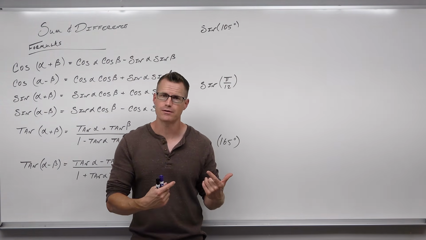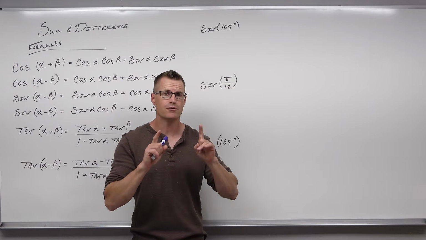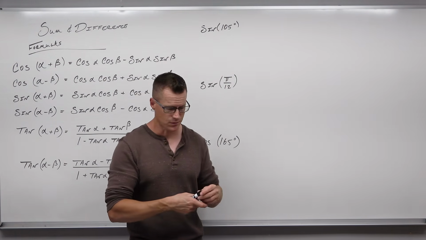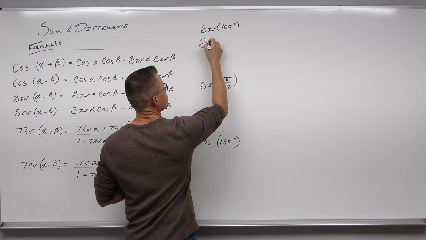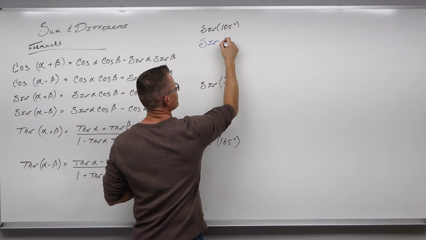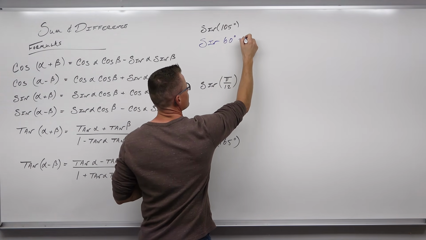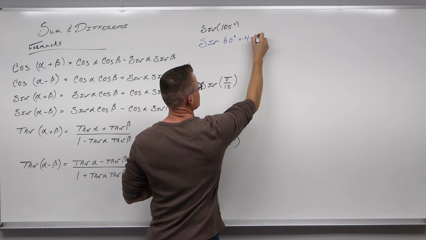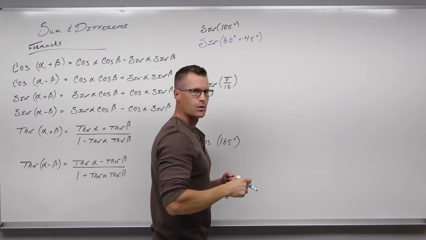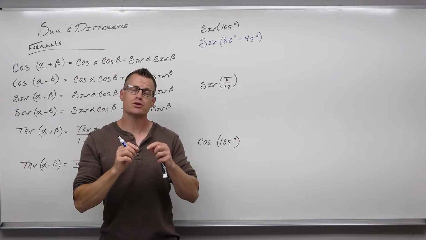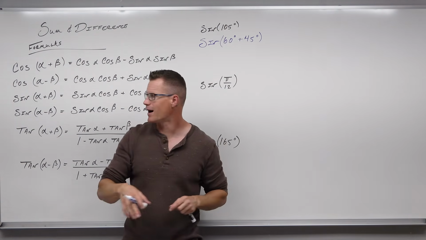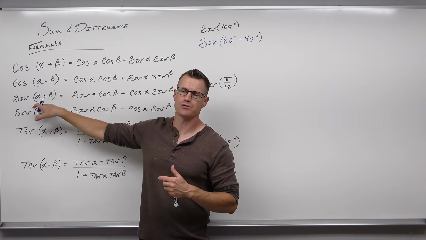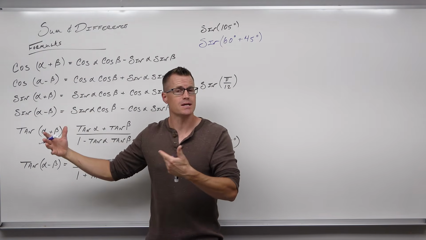That would add to 105 degrees, but both 60 and 45 are on your unit circle. Why is it valuable? As soon as we represent 105 degrees in terms of 60 degrees plus 45, we can now use this formula. That's what the sum and difference formulas can be used for.